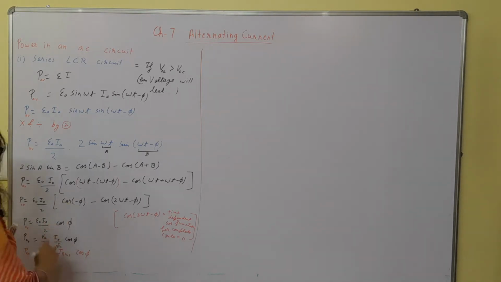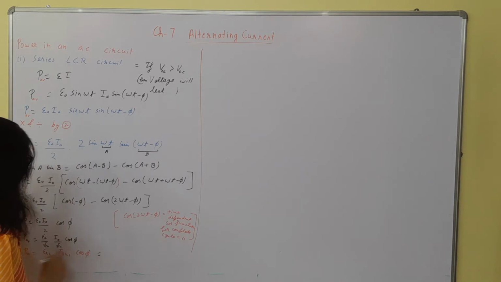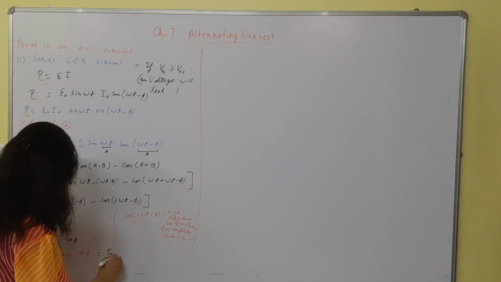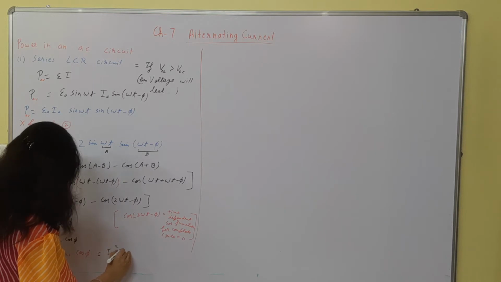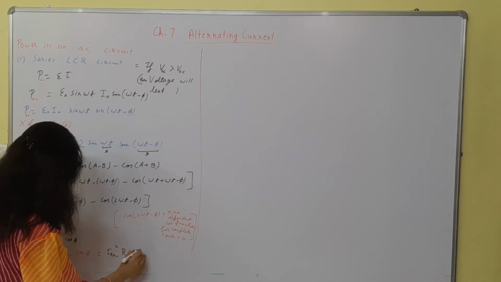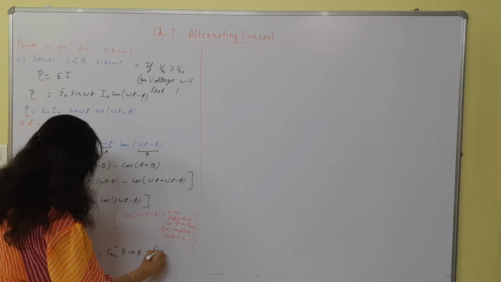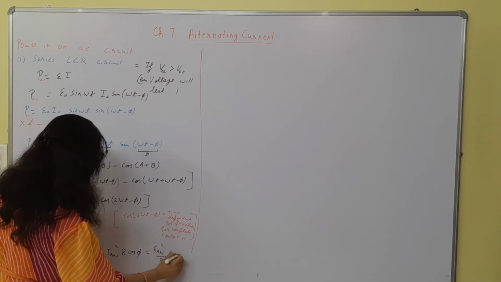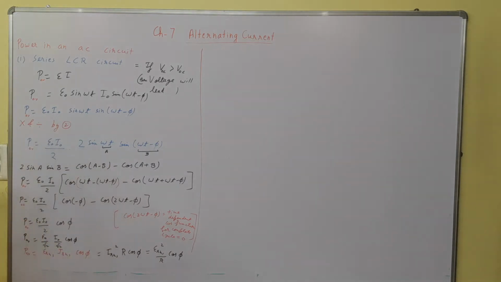This can also be written in another form: E is equal to IR, so I can write it as I RMS square into R into cos of phi, or as E RMS square upon R into cos phi, where cos phi is called the power factor.